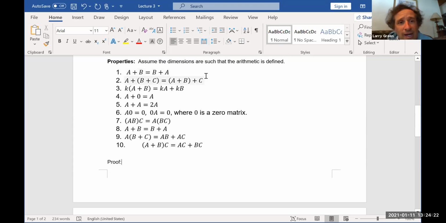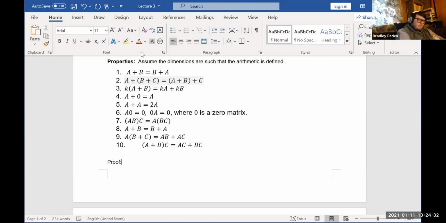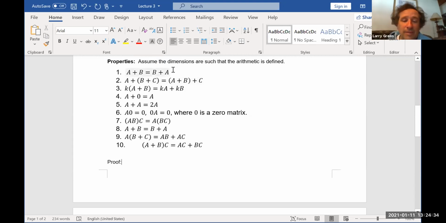Now, remember in this class, if I write a capital letter, what does that represent? Matrix. That's a matrix. So I'm not going to write down let A and B be matrices. I'm just going to assume that if I write it down in this class, it's a matrix. Got it? If I write a lowercase letter, what is that?